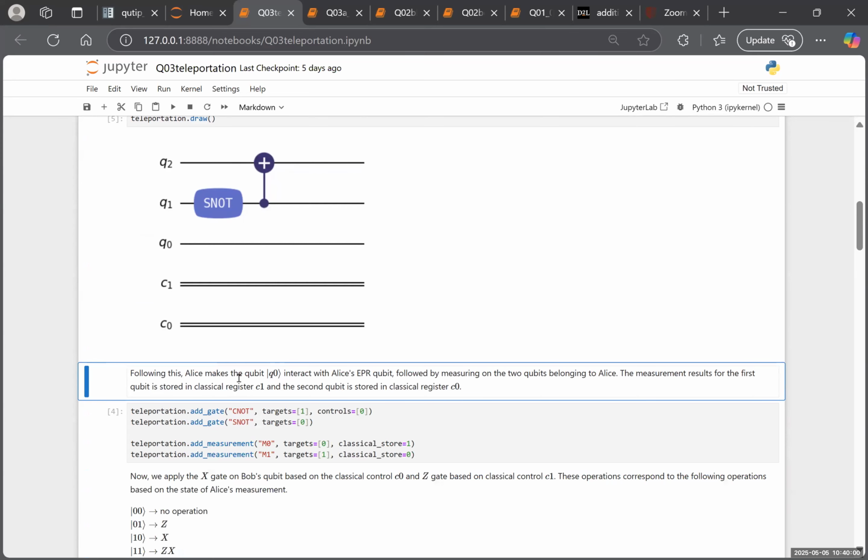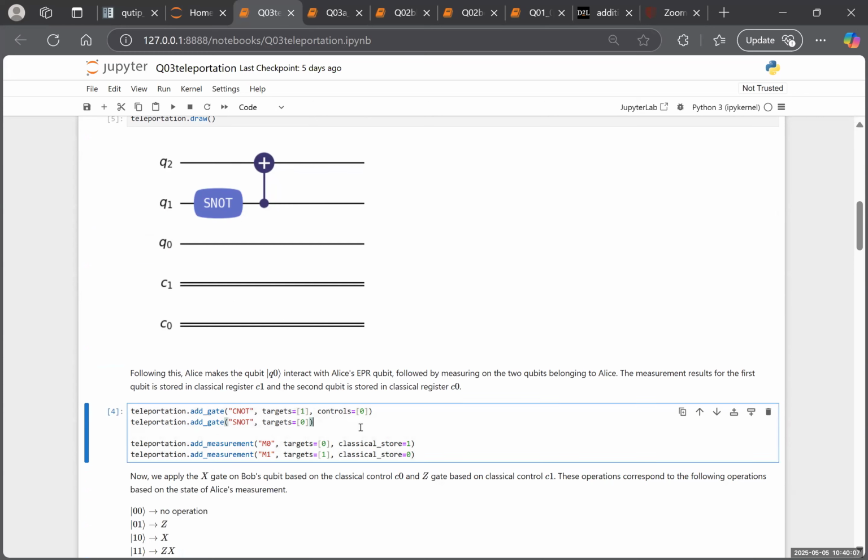Okay, then Alice makes the qubit Q0 interact with the EPR pair. So it's going to be measurement, right? So we'll measure qubit 0 and Q1 in terms of the Bell basis, but the measurement will usually be in the Z basis.